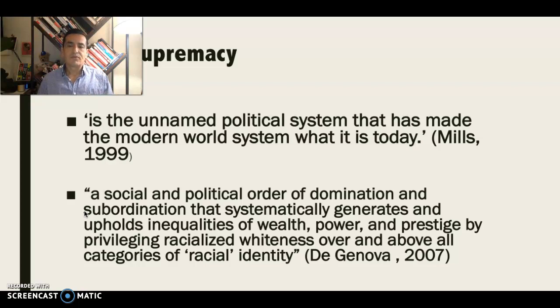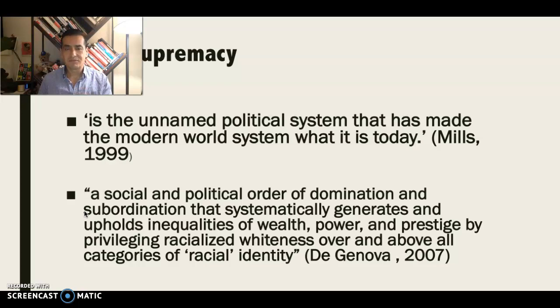So Charles Mills tells us in the very first sentence of the book what white supremacy is. And simply put, it is the unnamed political system that has made the modern world system what it is today. So I want to emphasize that white supremacy is not about people, right? This is not about people.